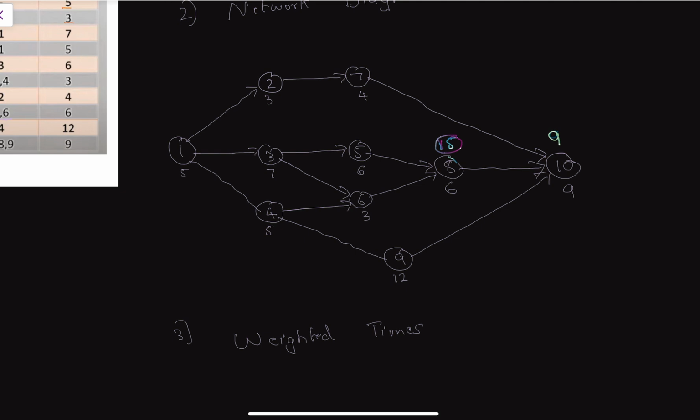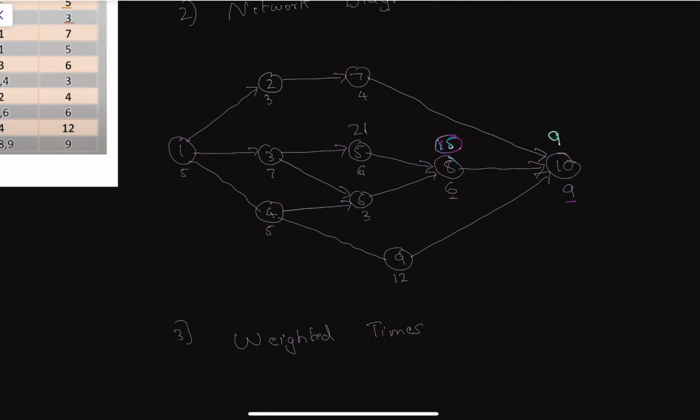And for operation 8 to complete, this is calculated based on this: for operation 10 it will take 9 minutes, and for operation 8 it will take 6 minutes. So 9 plus 6 is 15. That is the weighted time for node 8. For node 5, we calculate 6 plus 6 plus 9, that is 21.